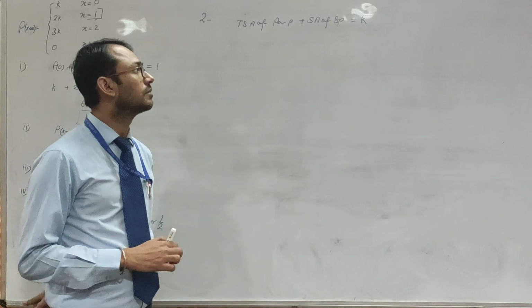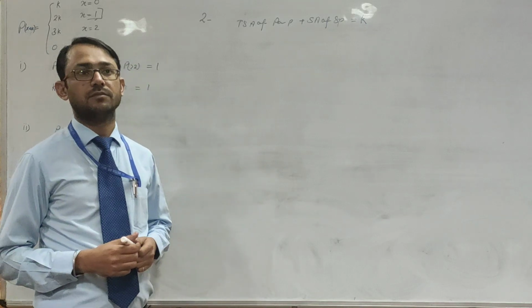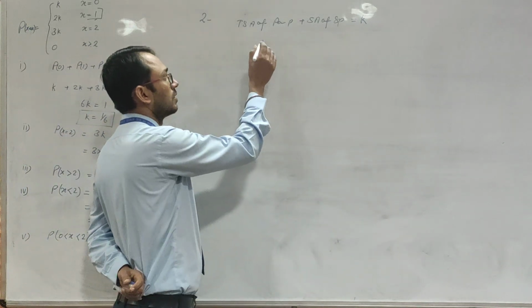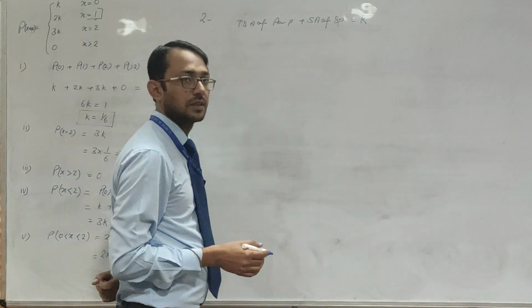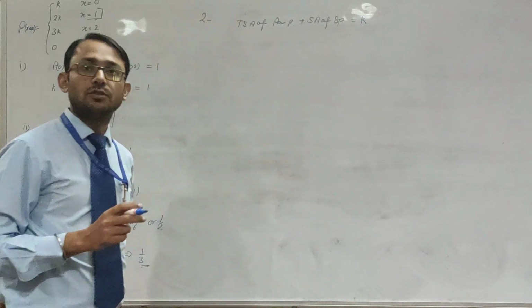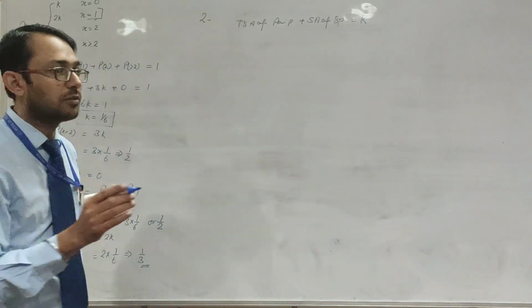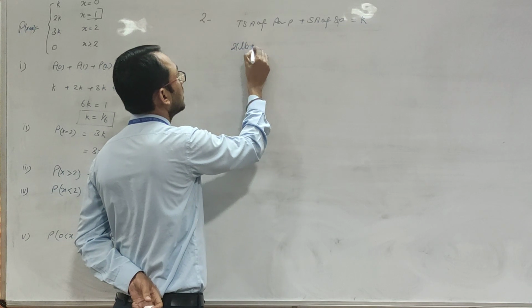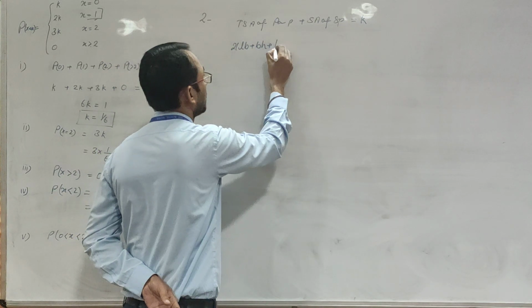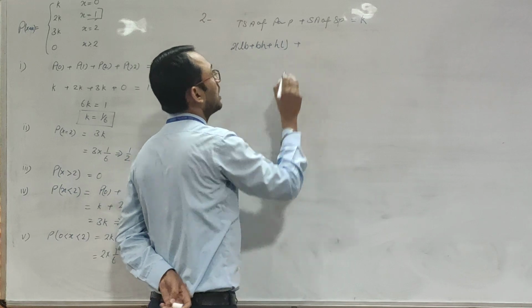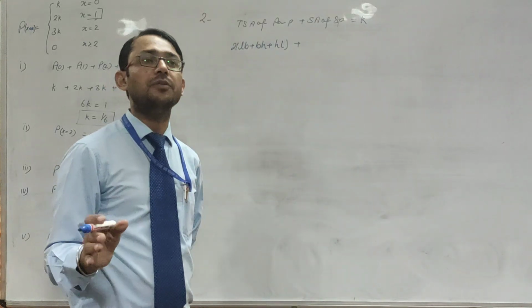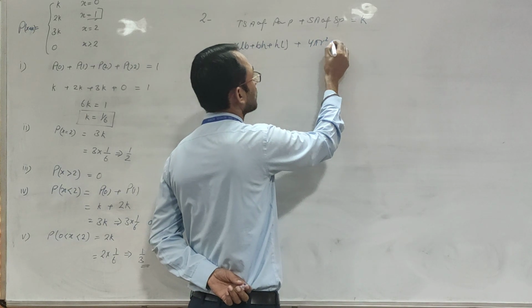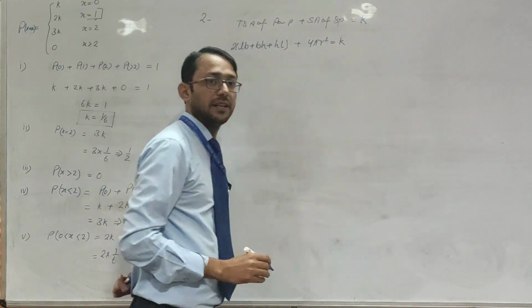The sum of the surface areas of a rectangular parallelepiped with sides x, 2x and x by 3 and a sphere of radius y is given to be constant. See, the total surface area of the parallelepiped is 2(LB plus BH plus HL), plus the surface area of the sphere, 4 pi r square, is given as constant.